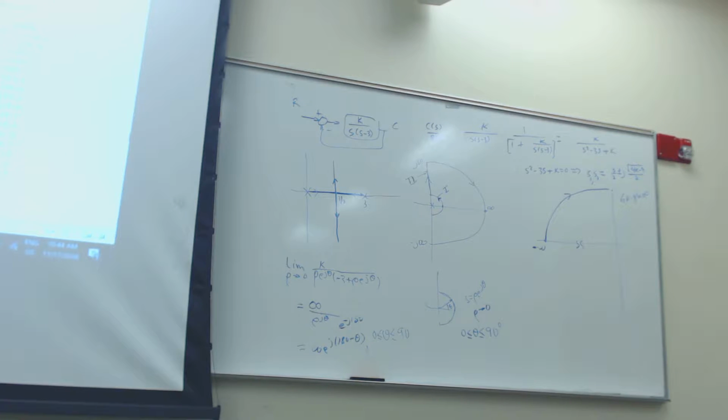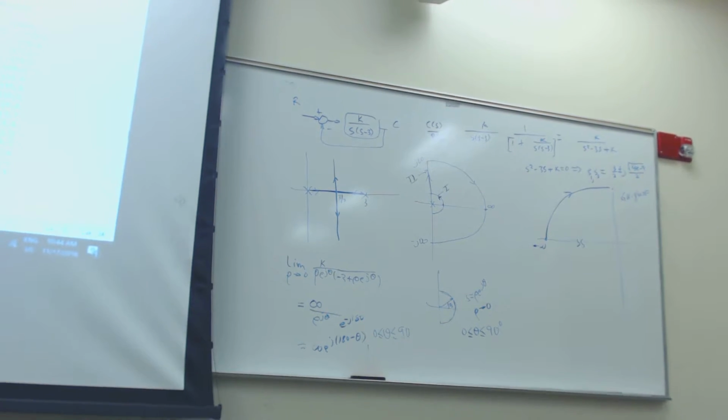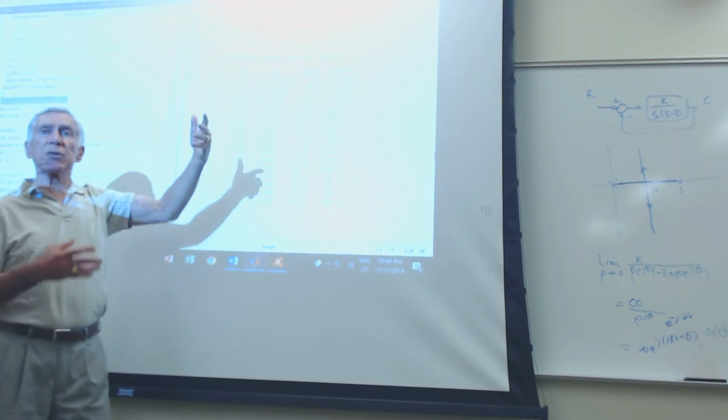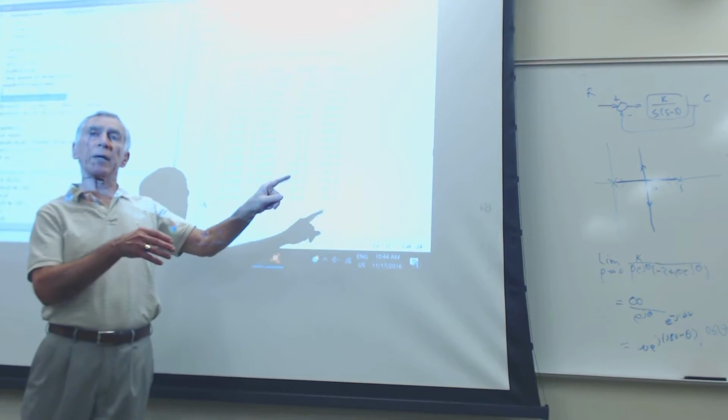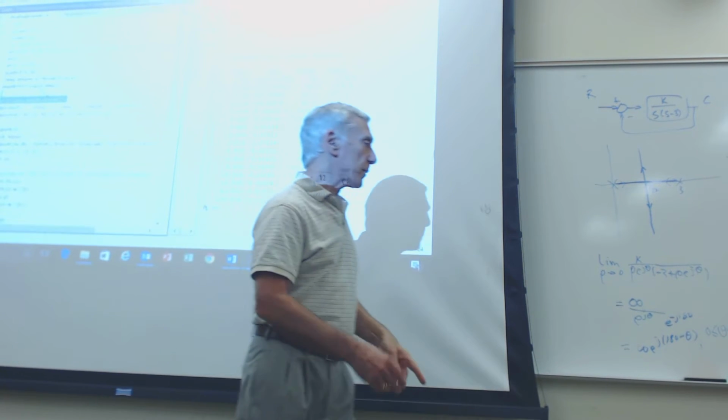Okay, so here's the frequency response. That's for 1 over s squared minus 3s, which is what we have here. For the frequency response, I start with a low frequency. I can't start with 0 because we had to avoid the pole at the origin.